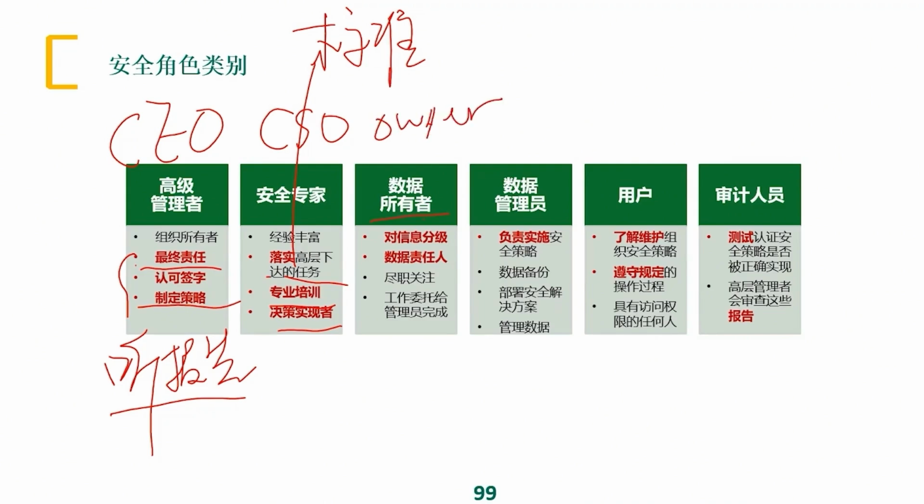The third part is called the data owner. The owner has ownership of the data. So what are the responsibilities of the owner? First, he does grading and classifying. We mentioned earlier, you have a lot of business. Which business is important? Which business is not important?